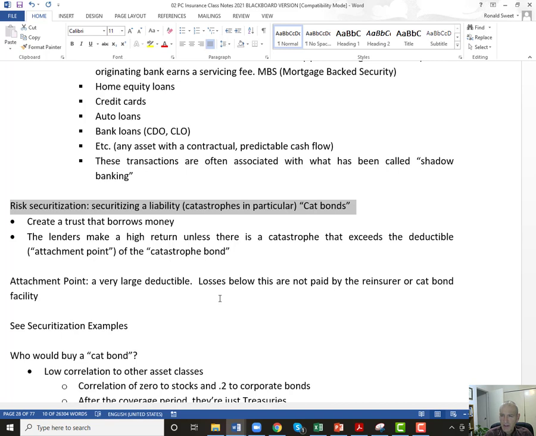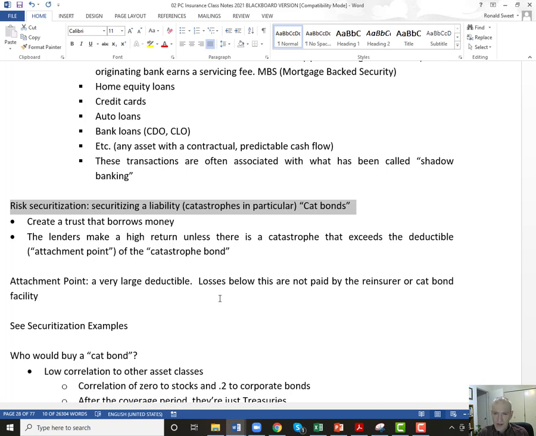It's specifically focused on catastrophes, so we call them cat bonds. I accidentally used the word cat bonds when I went to a financial conference. The PhD running the conference, a really famous guy who writes a lot of articles and is very well known in the investment world, had no idea what I was talking about. I felt so stupid. But catastrophe bonds, cat bonds.